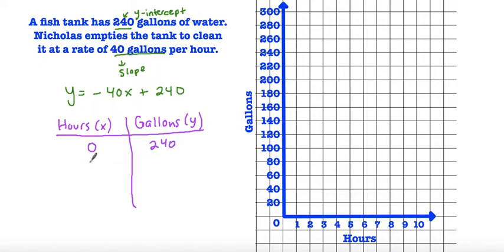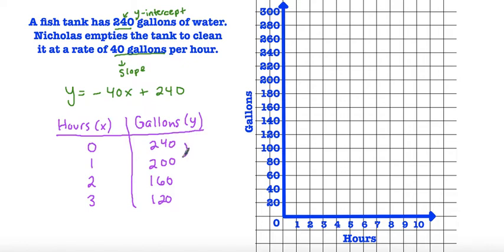And then after 1 hour, the tank decreased by 40 gallons, so we have 200 gallons of water. After 2 hours, the tank decreased another 40 gallons, so we end up at 160. Another hour went by, and then it decreases another 40 gallons, so 120, and so on.